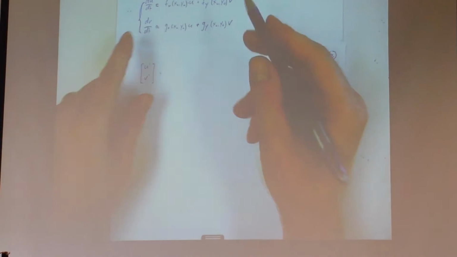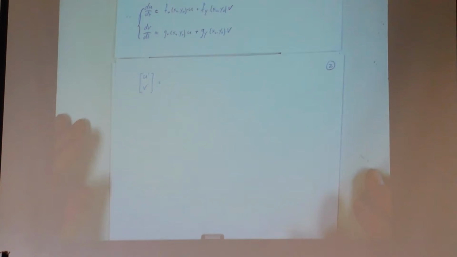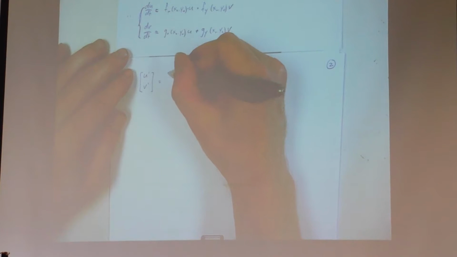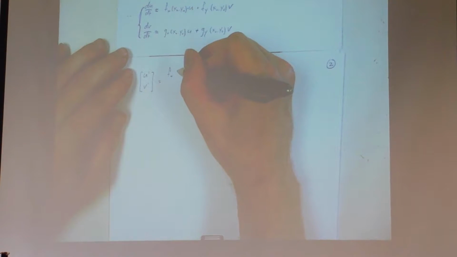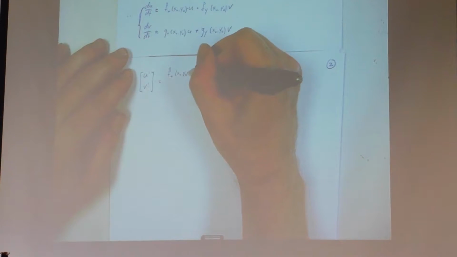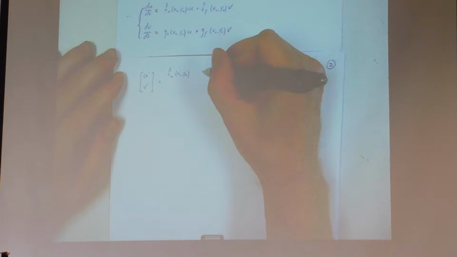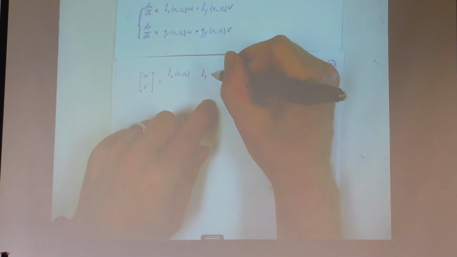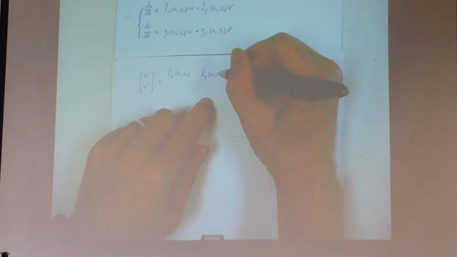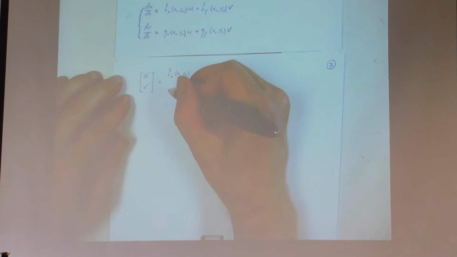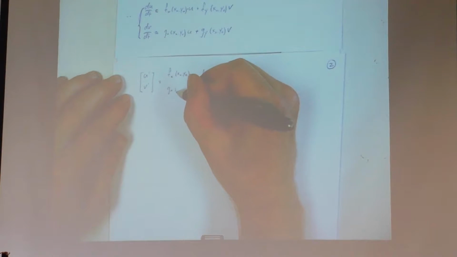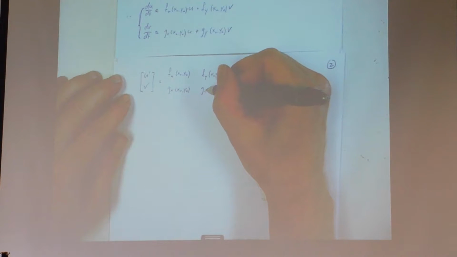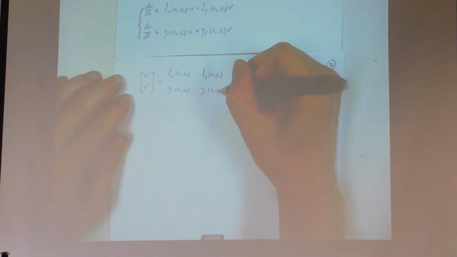You have to treat the whole partial derivative at (x0, y0) as the coefficient. It's going to be f_x at (x0, y0), f_y at (x0, y0), and this is not a plus or anything, this is a space, these are entries. Then g_x at (x0, y0), and g_y at (x0, y0).